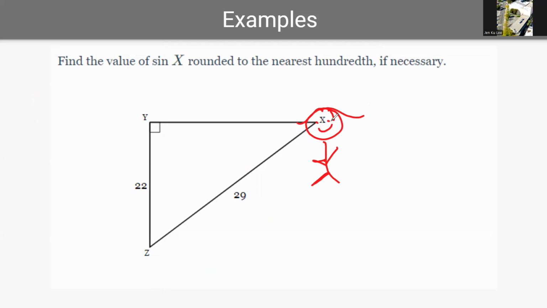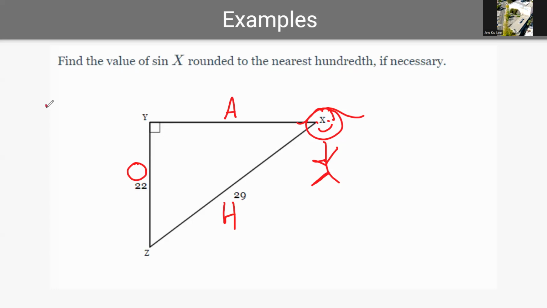So I look at it from the viewpoint of angle x. 22 here is my opposite side. Opposite my 90-degree angle is my hypotenuse. And right next to it is my adjacent side, right? That's how we label.